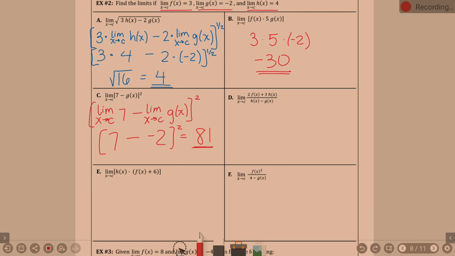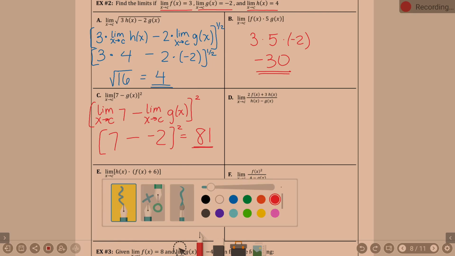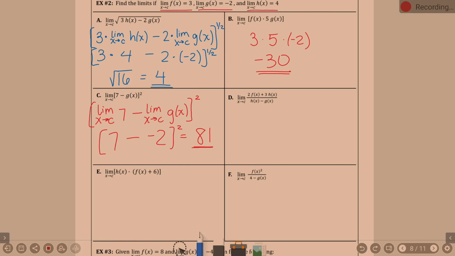In all honesty, and this is where I'm trying not to get too sloppy because I should be writing these out, I shouldn't be skipping a ton of steps, but I'm not going to write D out in terms of all the fancy.